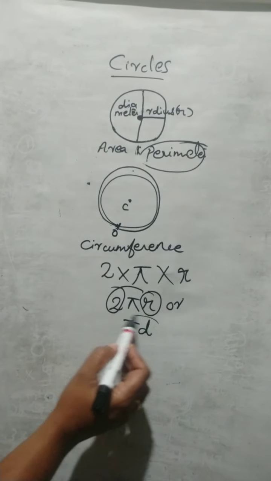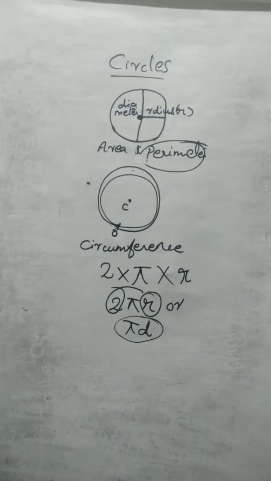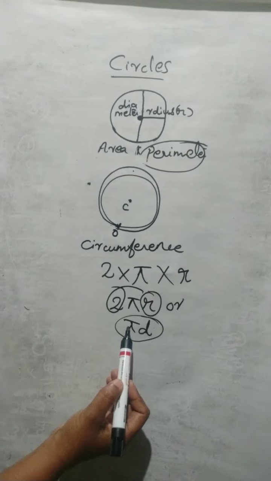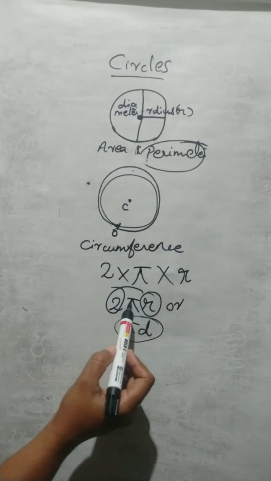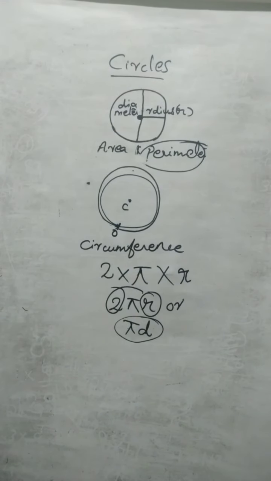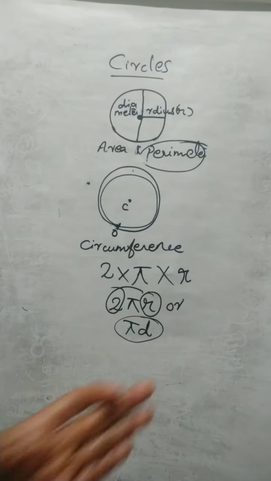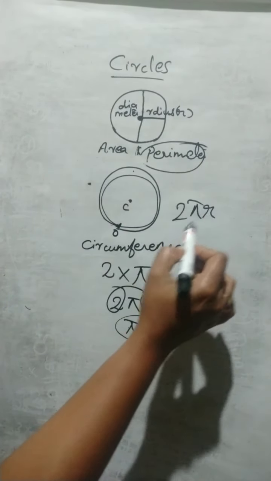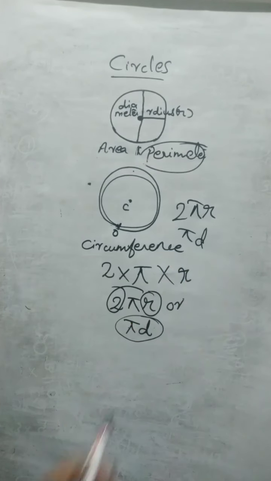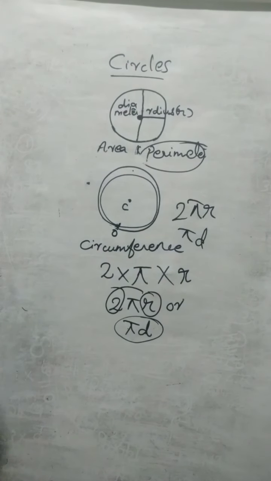If the diameter is given, we can find the circumference as pi multiplied by d, or if the radius is given, 2 times radius into pi. Clear? Circumference of a circle is equal to 2 pi r or pi d.